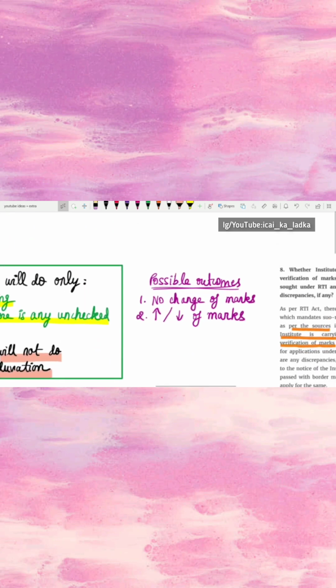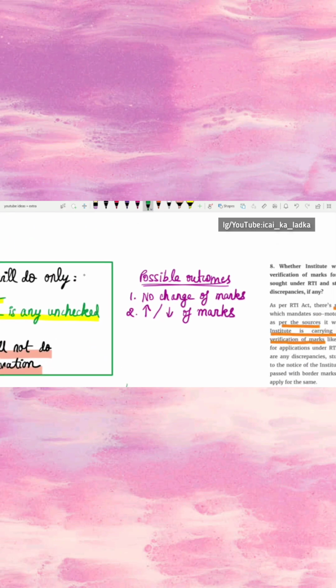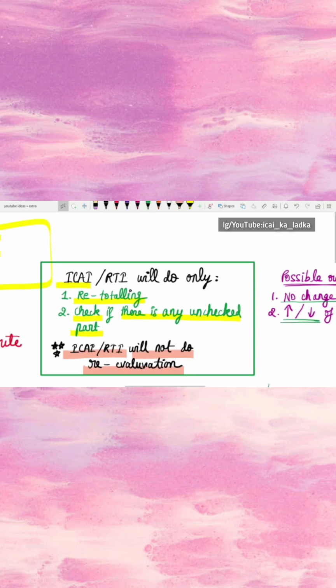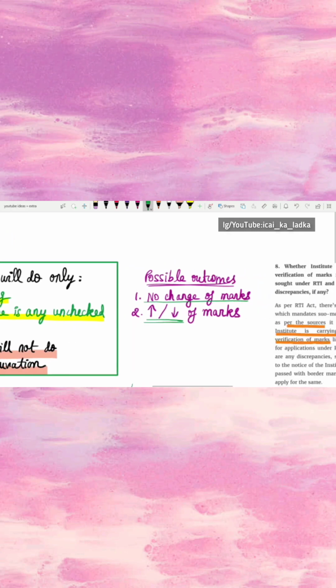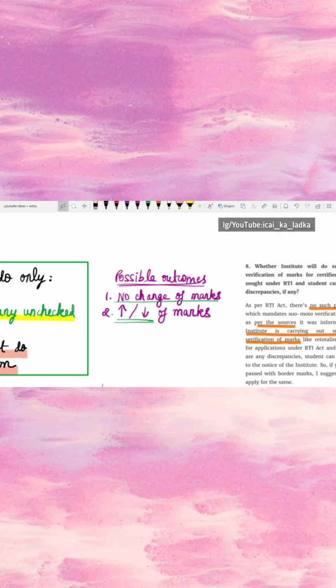The possible outcomes are that either you have no change of marks at all, so the same marks come, or there may be an increase or decrease in marks due to retotaling and checking of any unchecked part. This increase or decrease in marks is usually seen only under the ICAI route.